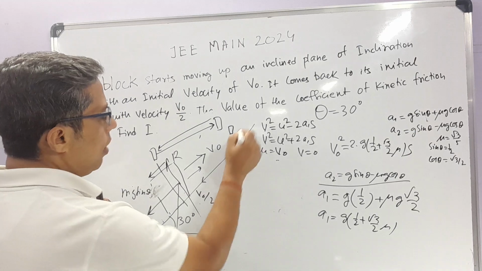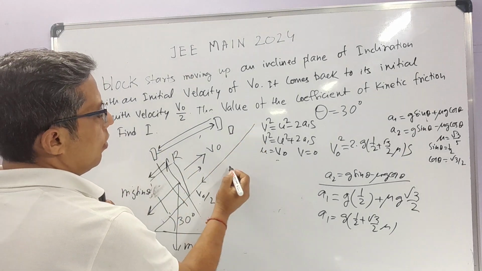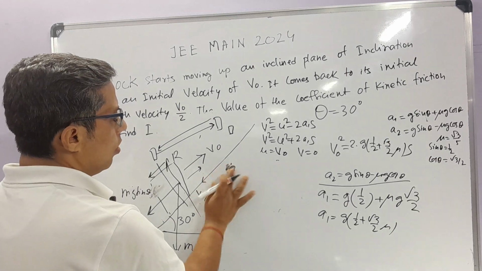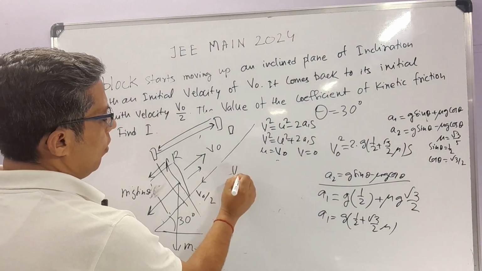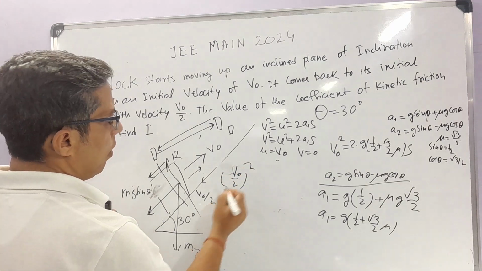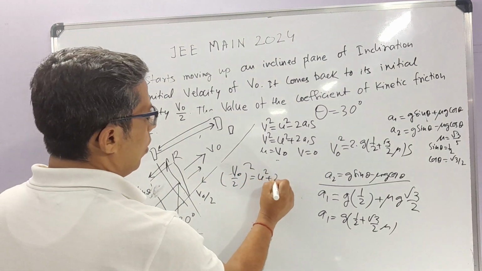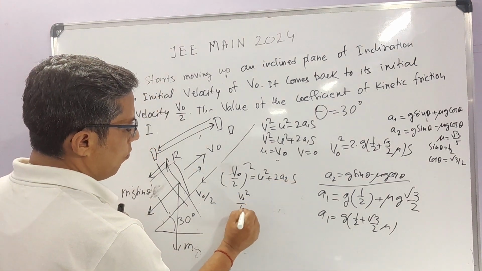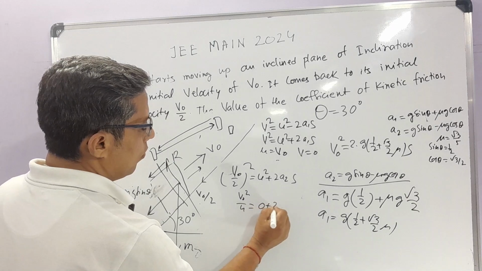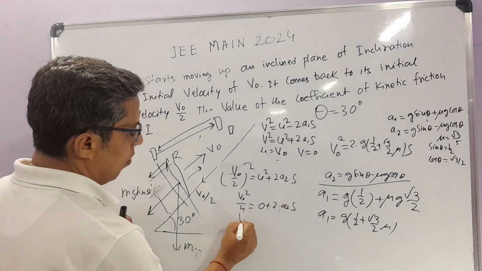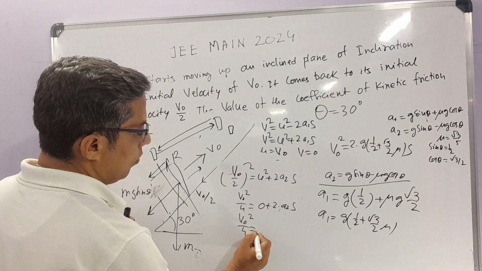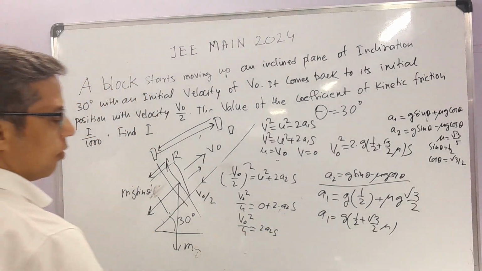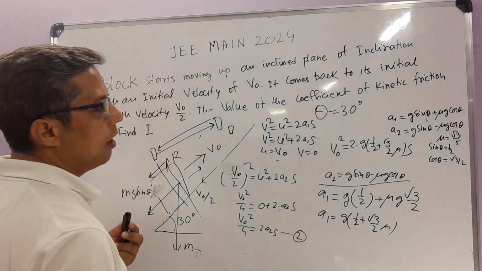So the equation will be, for downward, v0 by 2 squared is equal to u square plus 2a2s. So v0 square by 4 is equal to, with u equal to 0, 2 into a2 into s. This is equation 2, and the earlier one is equation 1.